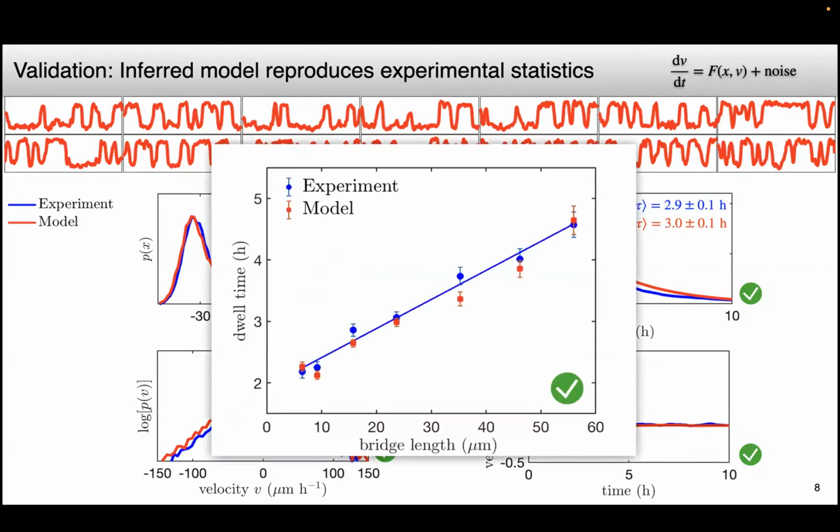We can also show that these inferred models can accurately capture the time scale of this process, the time it takes for the cell to make a transition, even if we vary the length of the bridge by roughly an order of magnitude. So what this tells us is that this underdamped Langevin equation is the appropriate structure to capture cell motion on confinement from roughly tens of minutes, which is the resolution of the experiment, up to about 48 hours, the time it takes for the cell to divide.